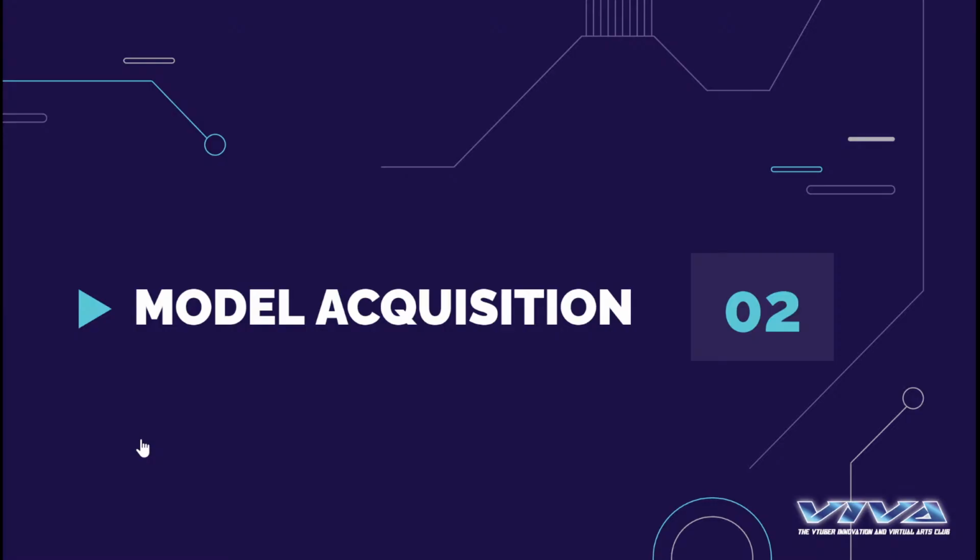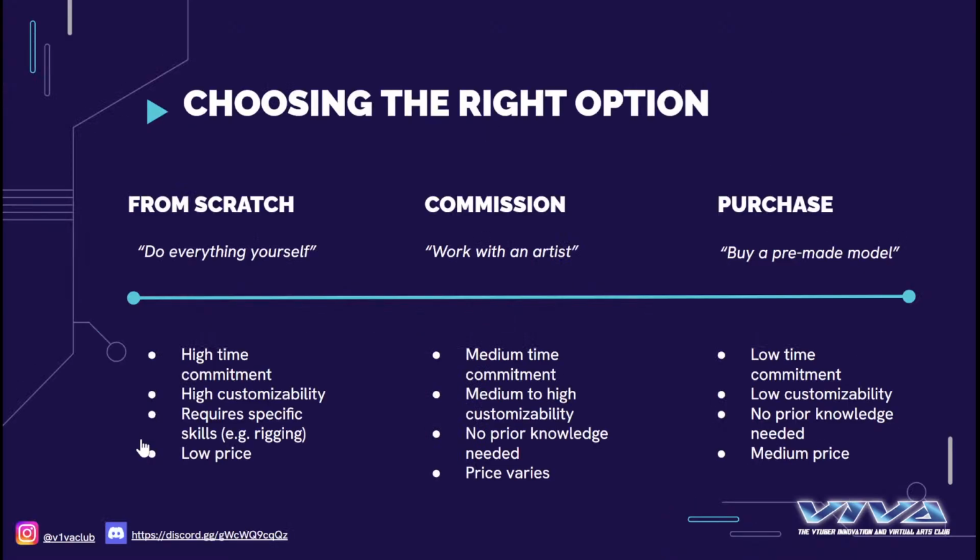Hello, hello. So there are some options when you're looking at getting your own model. You can start from scratch, you can do commissions with other artists, or you can purchase already made models. We have the pros and cons of each option. From scratch, of course, has a lot of customizability, and you can do a lot with it, but at the same time it's a high time commitment.